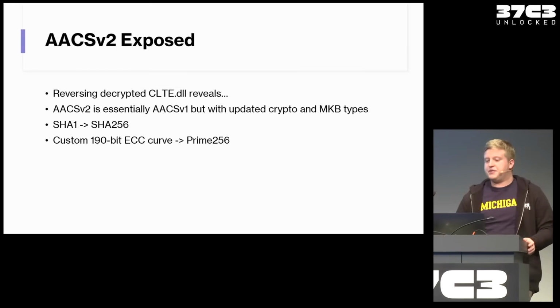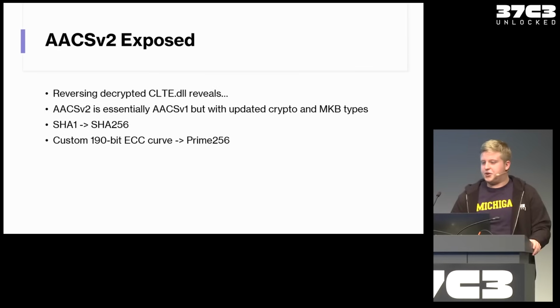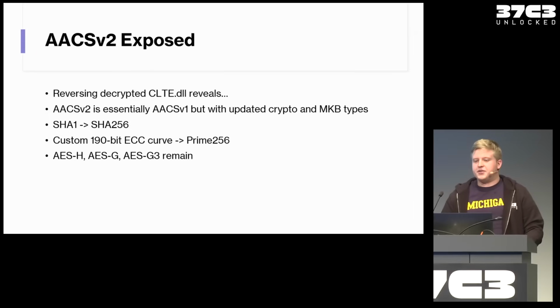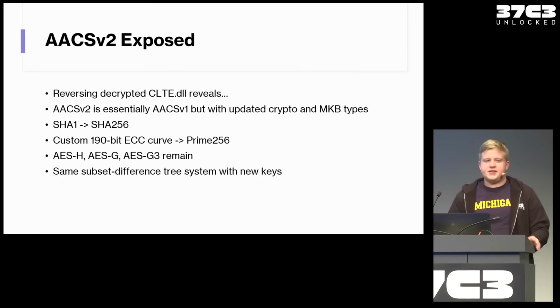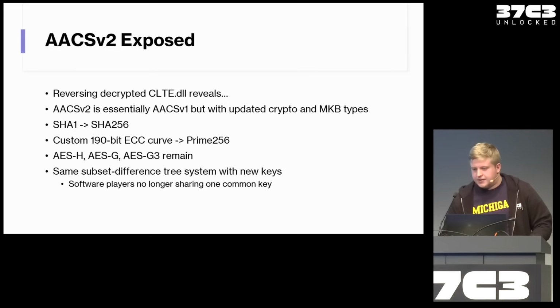Instead of SHA-1, they use SHA-256, so that's nice. Instead of their custom 190-bit ECC curve, they have a standard prime 256. All the AES-based hashes still remain. And they have the exact same subset difference tree system for revocation, just with, obviously, new device keys.